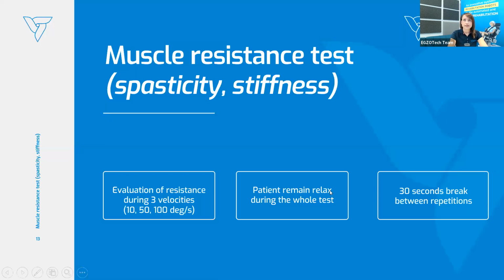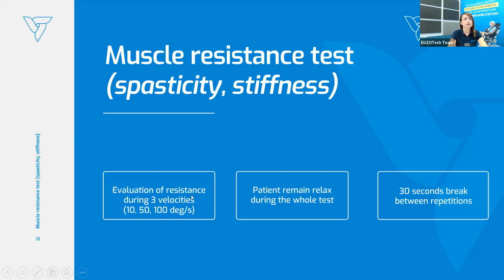Okay, the second test is about measuring the stiffness or the spasticity, but of course here we are going to say more about looking into the resistance, because spasticity or stiffness is a clinical evaluation, so this is more from a clinical point of view, but the device will give you numbers.